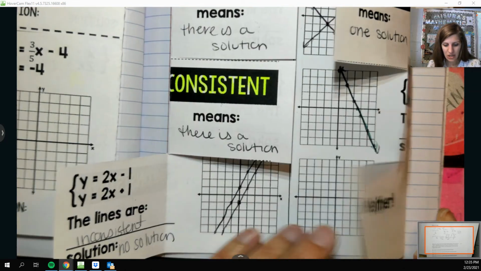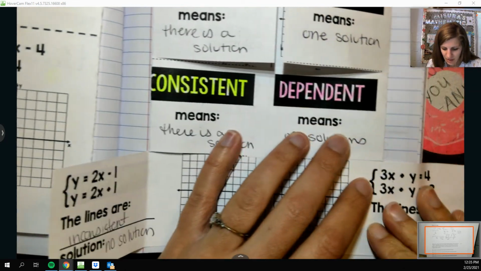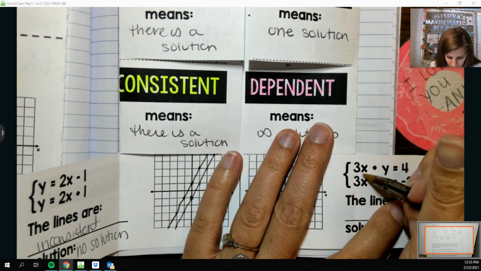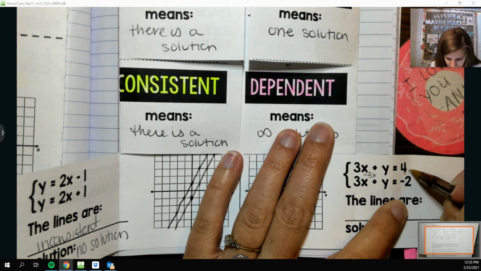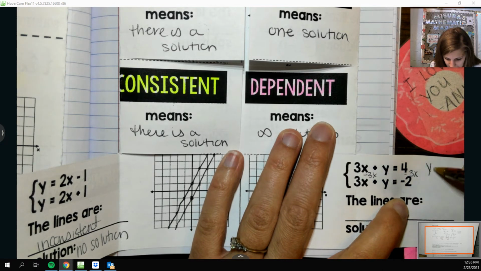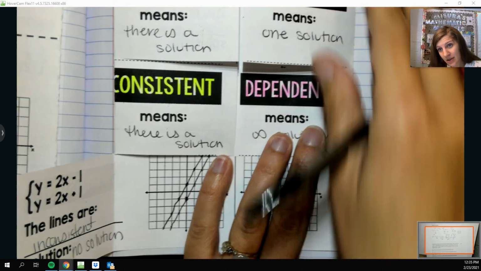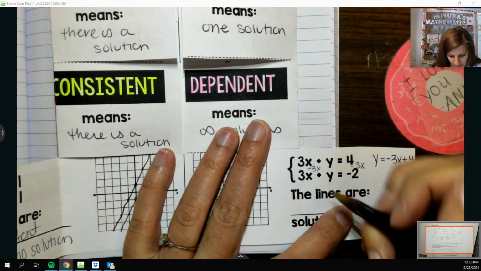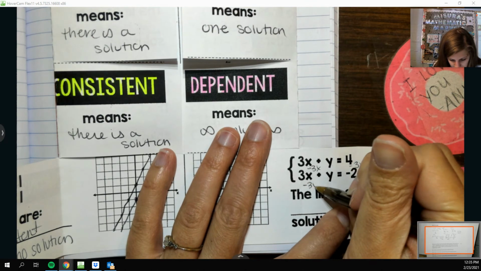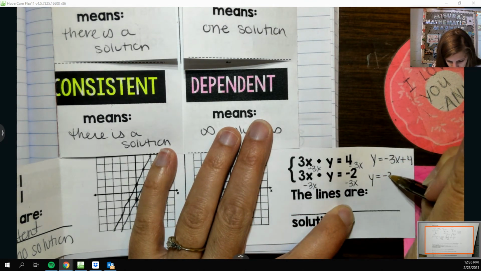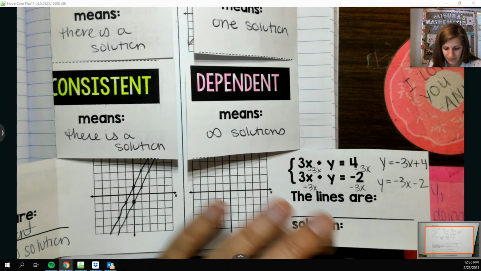Okay, so last one to try over here. Maybe I'll get both of these in y equals mx plus b. So I'll subtract the 3x here, and we'll have y equals -3x plus 4. And then on this bottom one, I know I can go graph that, but I want you guys to see something. If I subtract the 3x down here, we'll have y equals -3x minus 2.